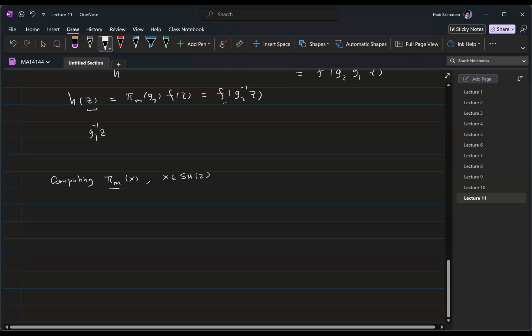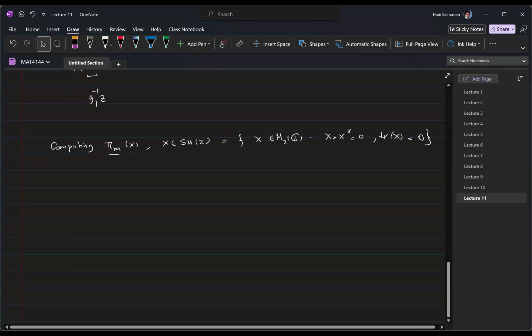Okay, so su2 is the Lie algebra of this group SU2, which is the set of 2 by 2 matrices X such that X plus X star is 0, and the determinant condition turns into a trace condition that we've seen before. Okay, it's skew-Hermitian and trace 0 matrices. Okay, so now how do we differentiate this representation?